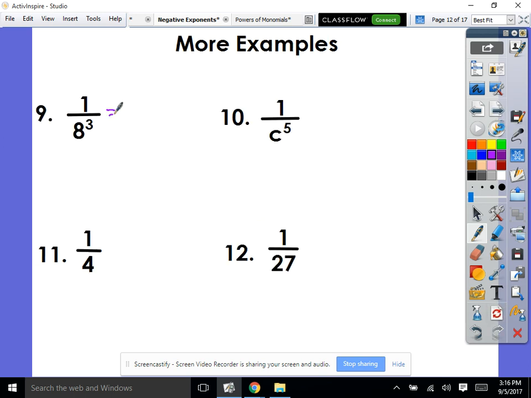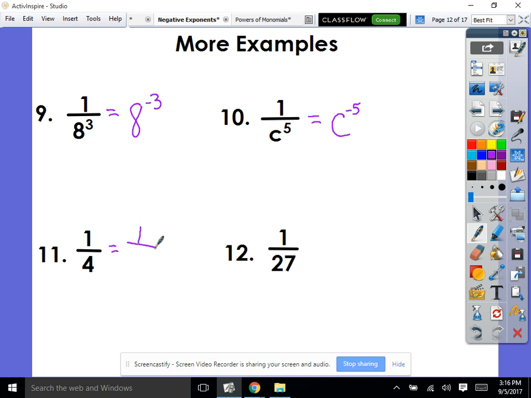One over 8 to the third. We flip it and add our negative sign. 1 over c to the fifth, we find the reciprocal, c, and add the negative sign to our exponent, so c to the negative fifth.